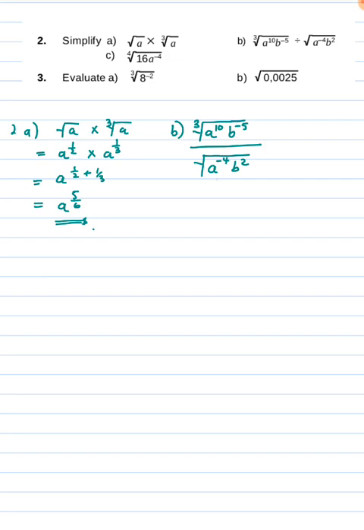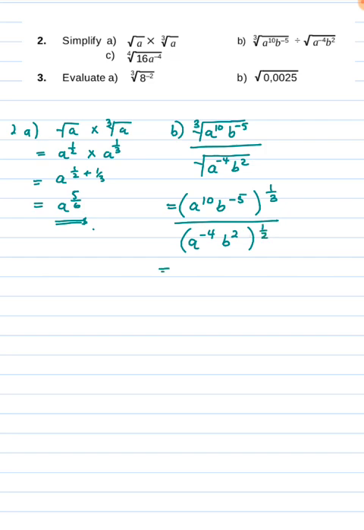So what we want to do here is simplify, right? So it becomes a to the power of 10 b to the power of minus 5, all of it to the power of 1 over 3. Is that okay? Then all over a to the power of minus 4 b to the power of 2, all of it to the power of half.